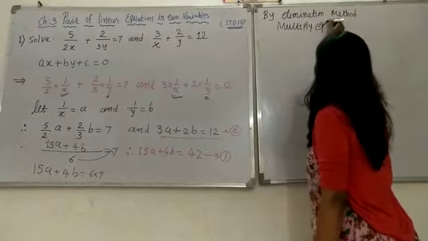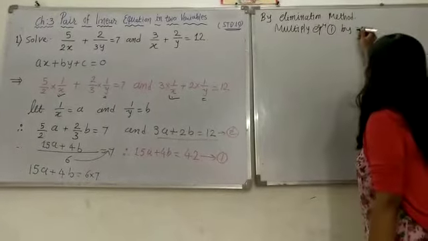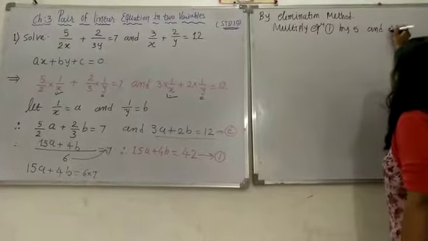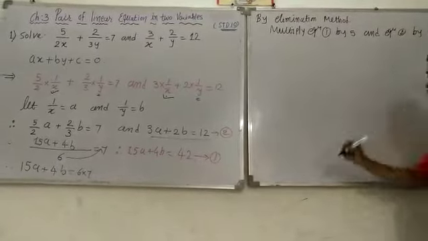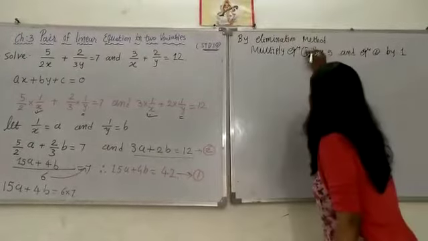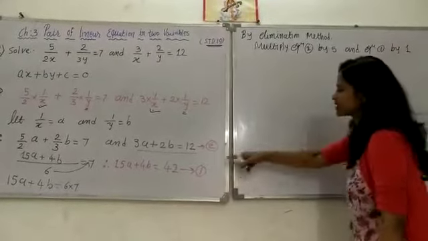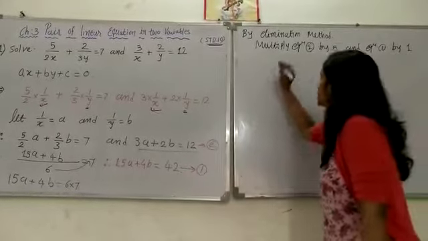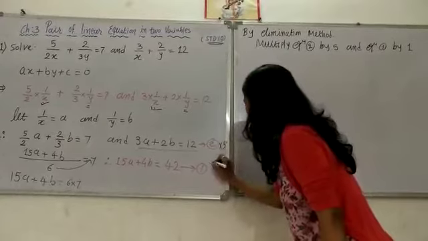multiply equation 2 by 5 and equation 1 by 1, because this is 2 and this is 1. Now multiply this equation by 5 and this equation by 1.